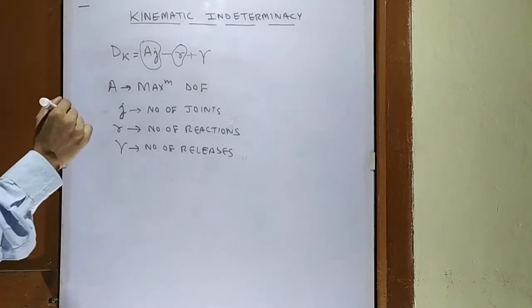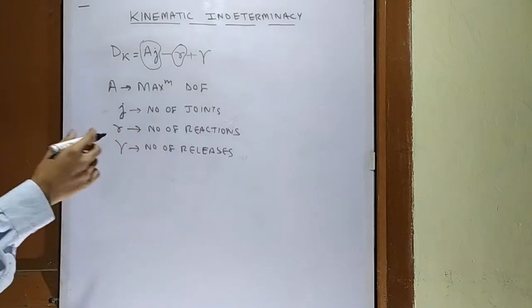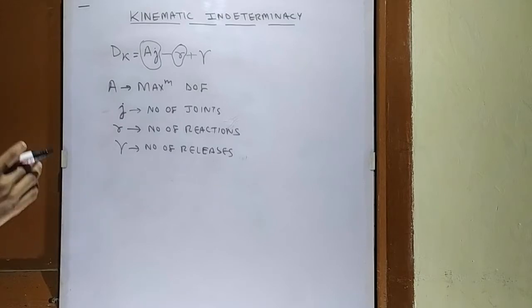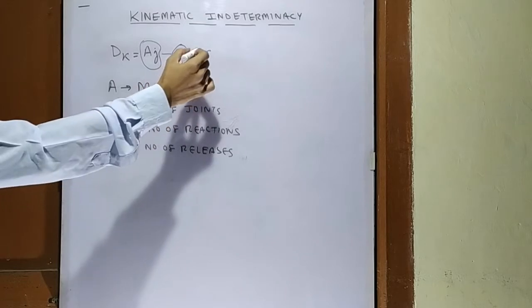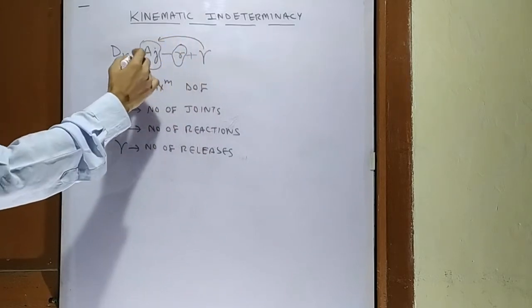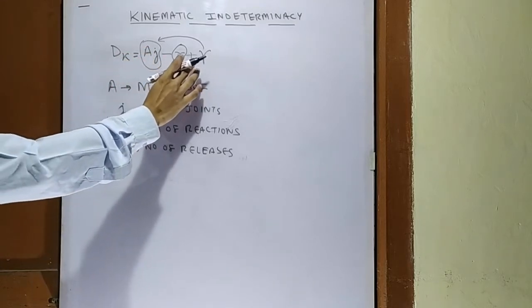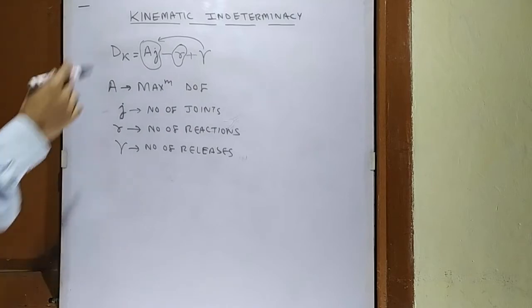But if a structure has an internal hinge, the internal hinge provides some releases, so those releases will be counted as unknown displacements in that structure, and this number of releases will be added to the unknown displacements. That's why we have added this gamma in that formula.